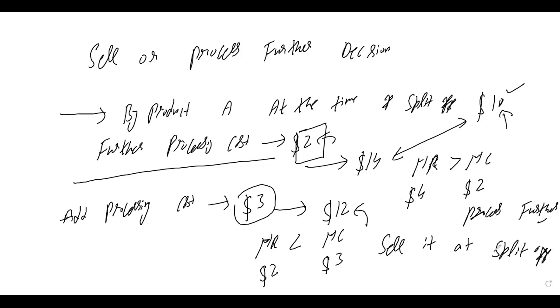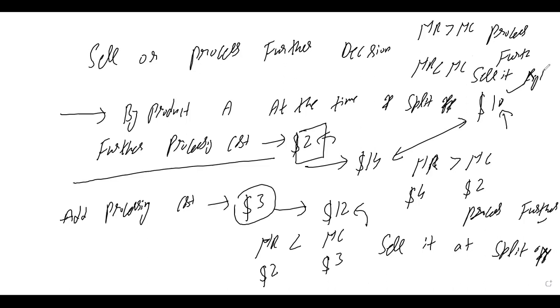So very simple criteria, students. Let me make the summary for you. How to decide the sell or process further decision: whenever marginal revenue is greater than marginal cost, you will process further. Whenever marginal revenue is less than marginal cost, you will sell it right now.